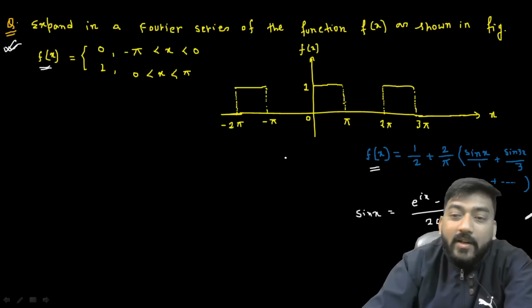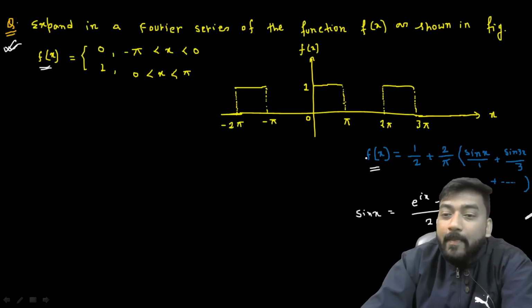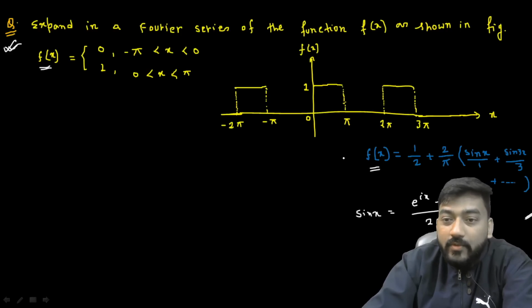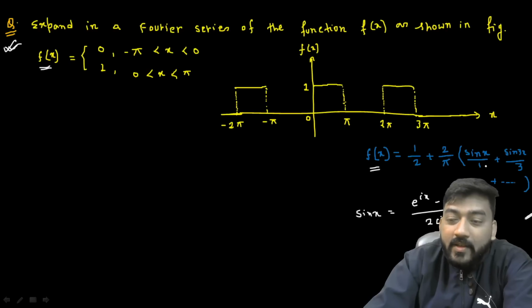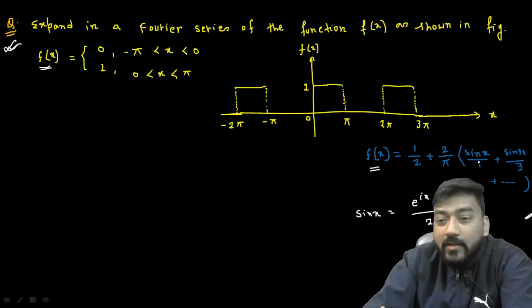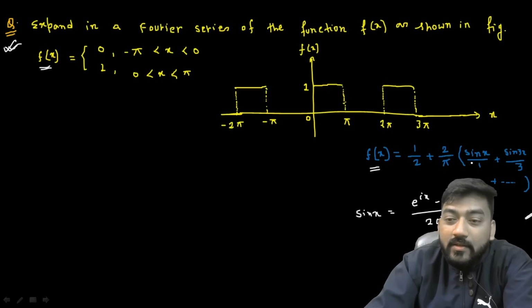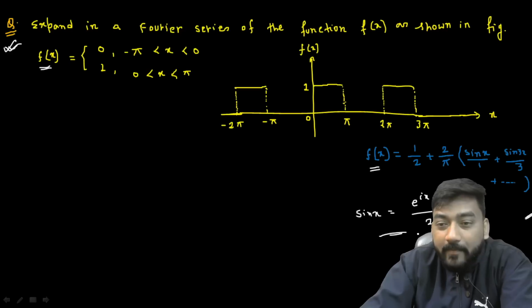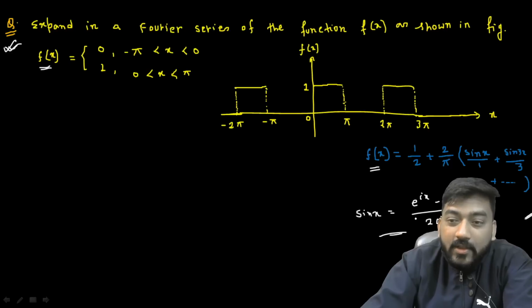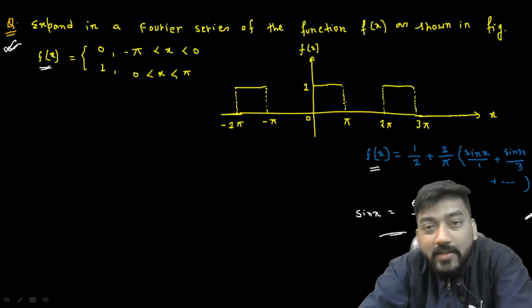What we have done earlier is find the Fourier series in terms of sine and cosine terms. If you want, you can also substitute in the final expression the exponential form by using Euler's formula, but this is not our aim, because our aim is to make our calculation a little easy.